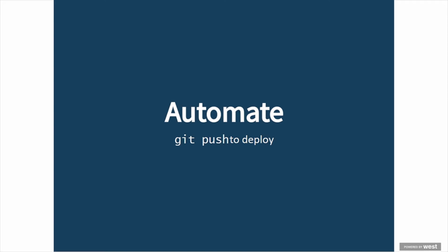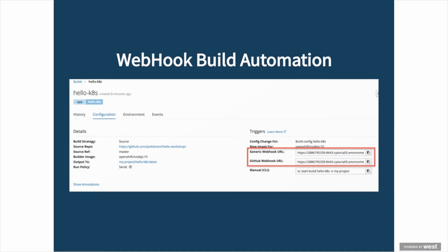OpenShift provides git push to deploy style automation in the application configuration section. This particular application shows a configuration page with a generic webhook URL and a GitHub webhook URL. These webhook URLs can be pasted into your GitHub Enterprise, GitHub, GitLab, Bitbucket.